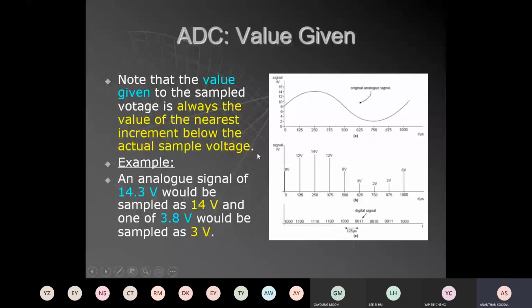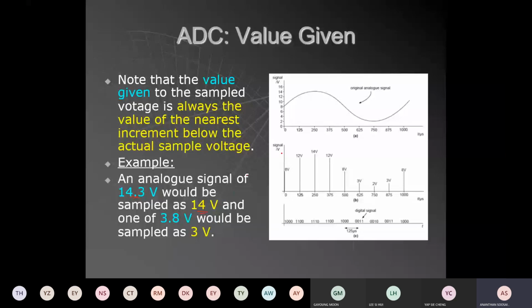What does below the actual sample voltage mean? An analog signal is sampled, they took the sample from the analog signal, and is found to be 14.3, but when recorded, it will be recorded as 14.